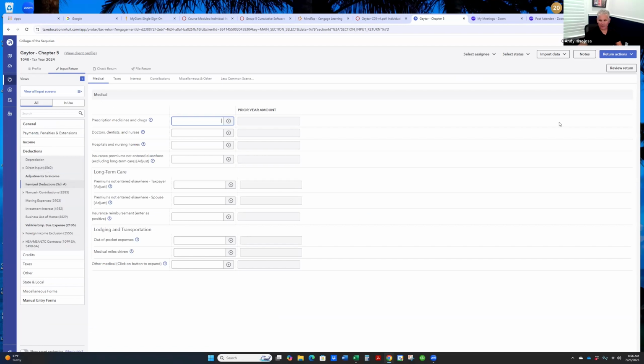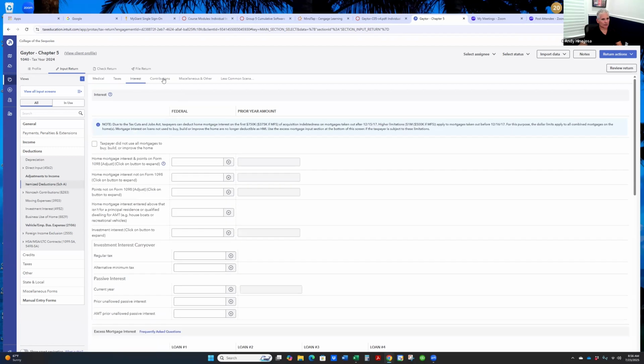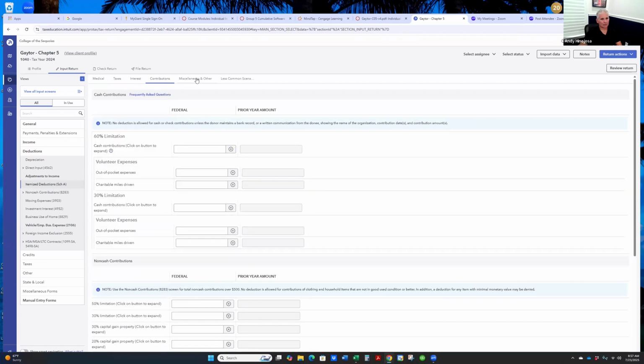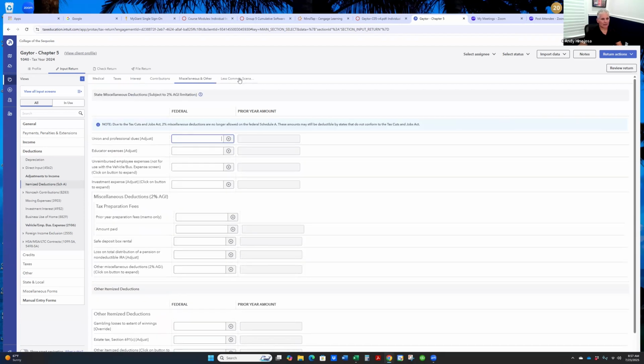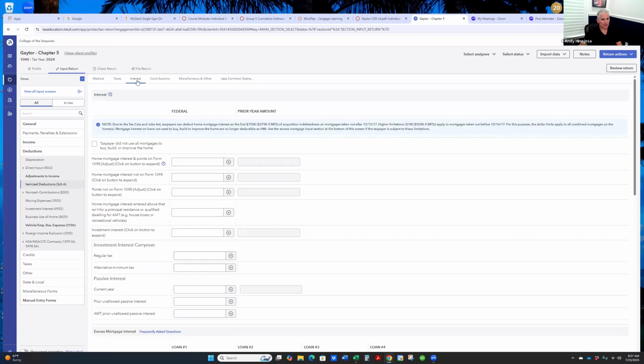We have medical at the top, showing all the medical expenses that may be deductible. We have taxes, we have interest, we have contributions, miscellaneous and other, and then less common items. Let's first go to the interest. The 1098 provided shows us that there was home mortgage interest paid.